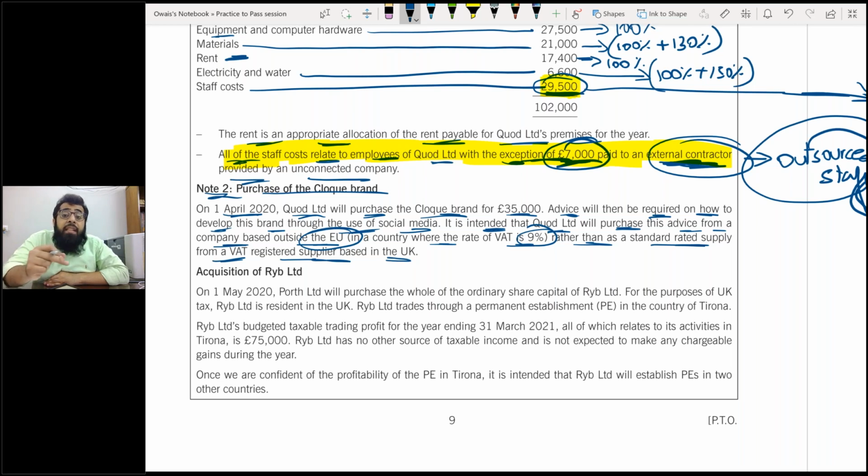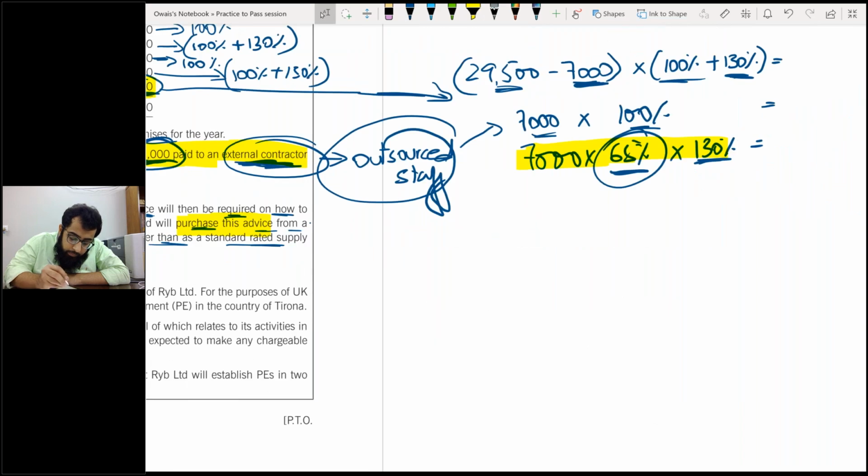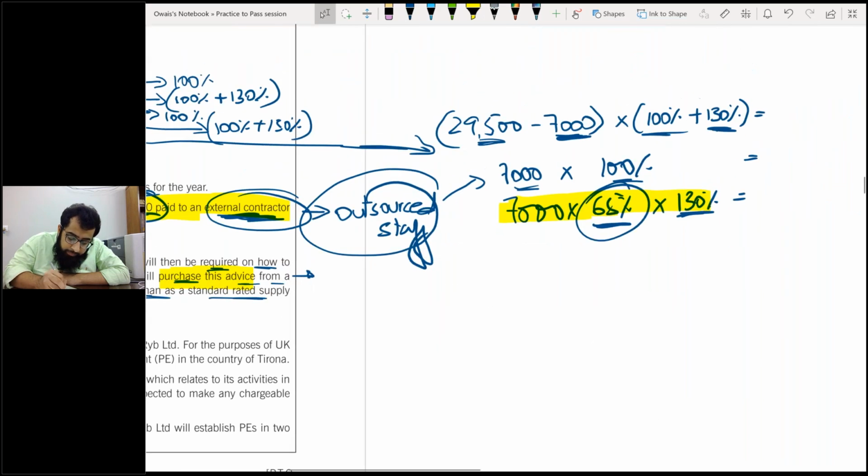Now we will purchase an advice. Please concentrate. We will purchase an advice from the company which is outside European Union. Basically, we are purchasing a service. Advice is a service.